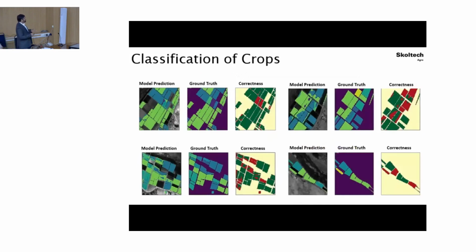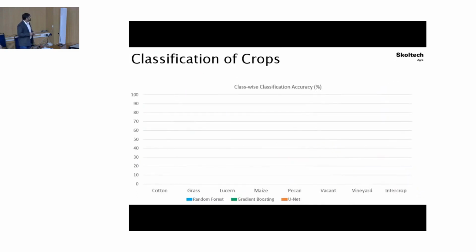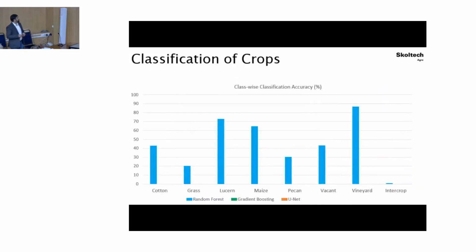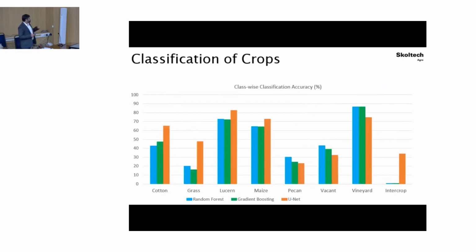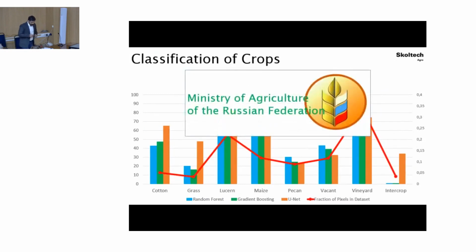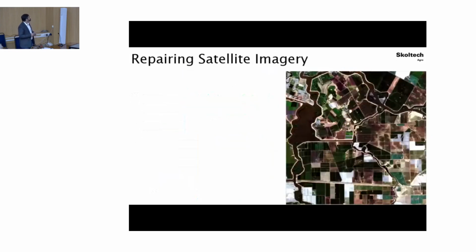So this is another example where we have done this for certain crops, and we were able to get a pretty good accuracy of prediction. We have tried that with different methods, of course, and this was funded by the Russian Agriculture Ministry.